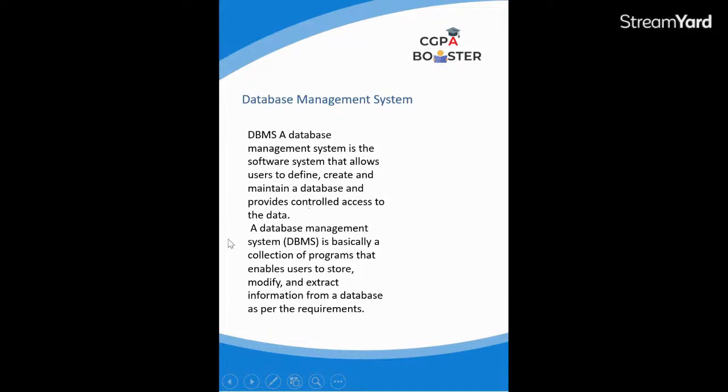One of the major advantages of a database management system: a DBMS is basically a collection of programs that enables users to store, modify, and extract information from a database as per the requirements. That was another important point, as mentioned previously, that finding out one person's name in one column and not in the other caused a lot of chaos. And at the end, we all are working to make our lives easier.